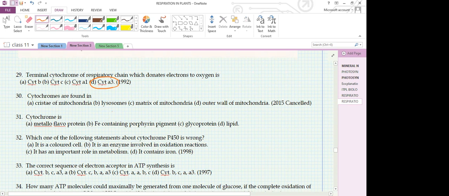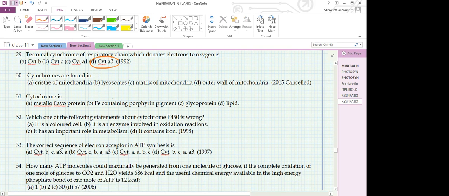Cytochromes are found where? Is it only in the cristae of mitochondria? With respect to cristae and matrix, where do you find cytochromes? This is also a very important question, according to me.